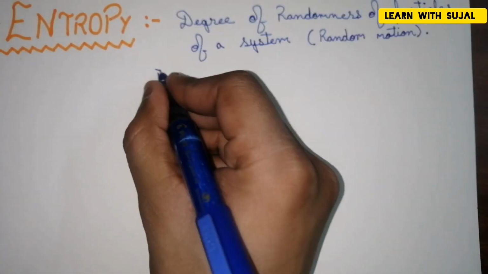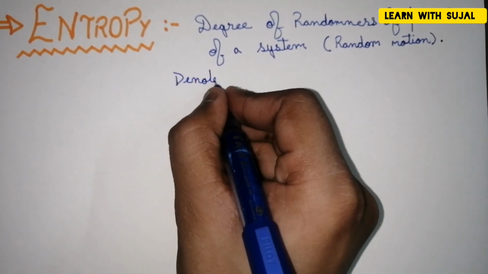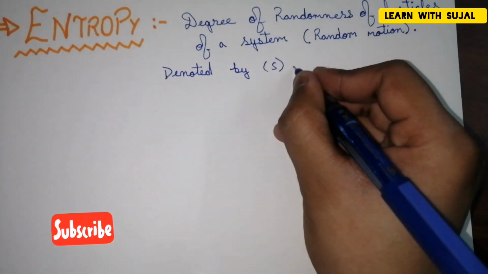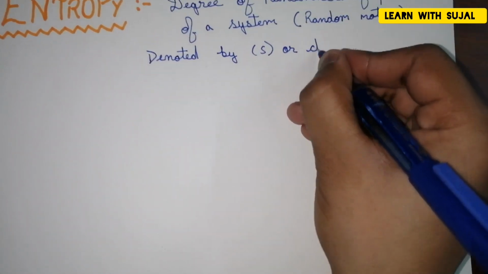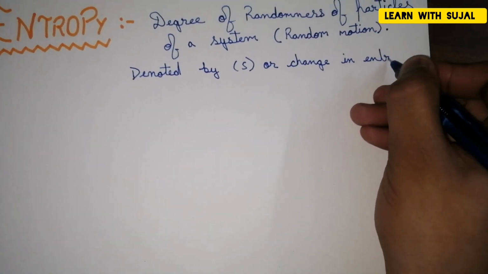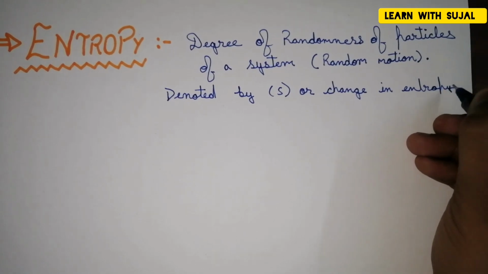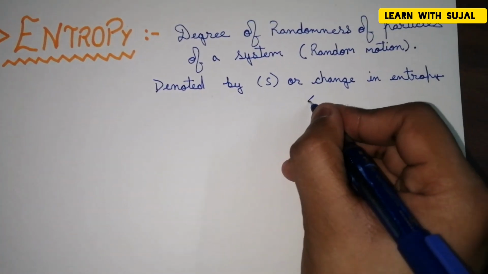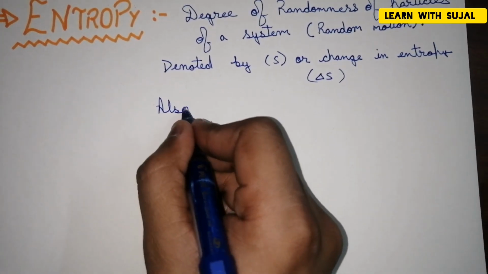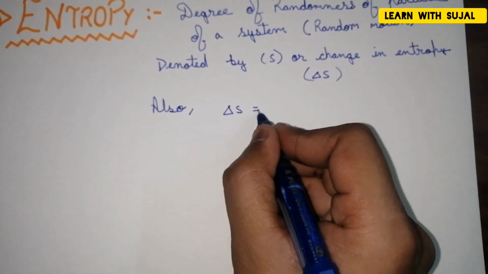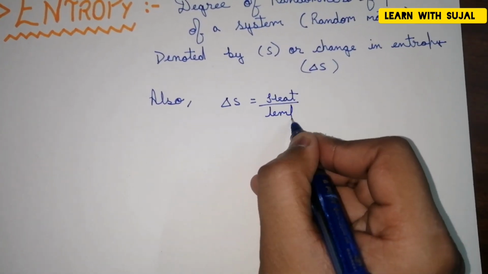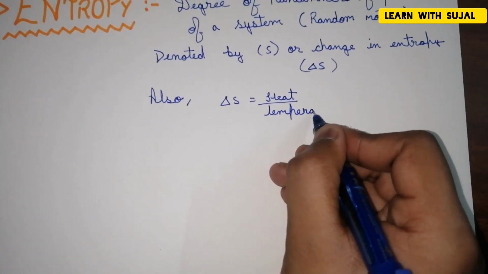Okay, so entropy is denoted by S, or you can say the change in entropy is known as delta S. Also, delta S is equal to heat by temperature. Here is the formula of this.